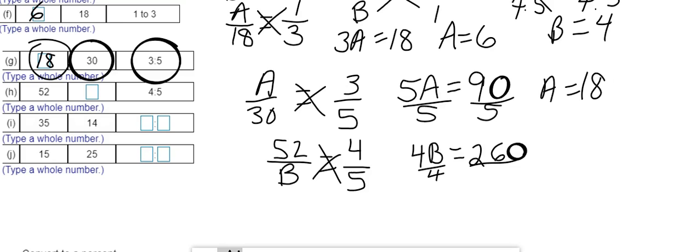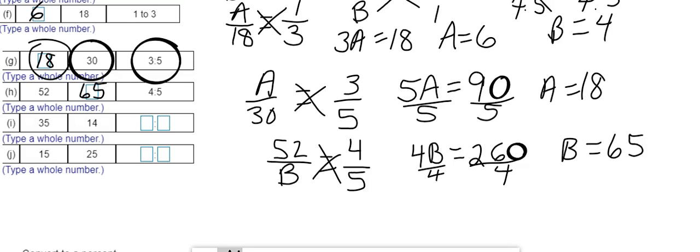Then I need to divide both sides by 4 so that I can get b equal to 260 divided by 4 is 65. 52 to 65 is the same as 4 to 5.